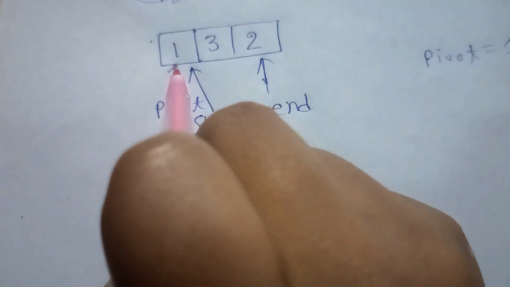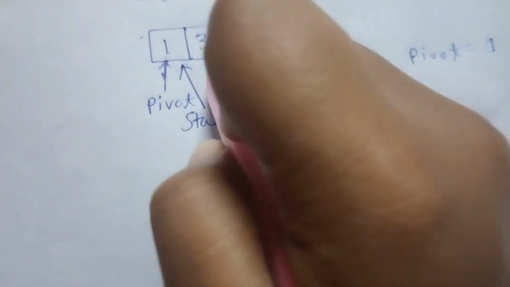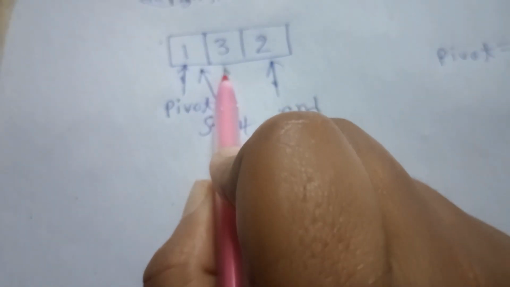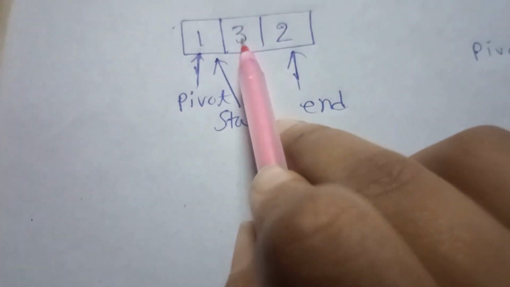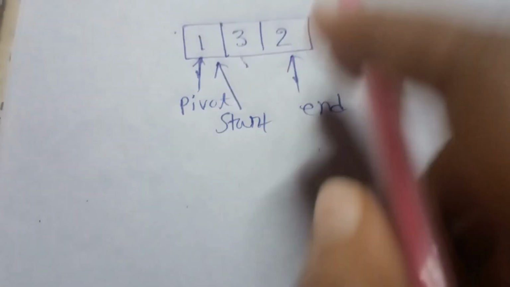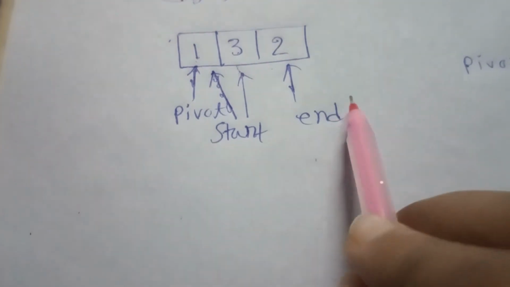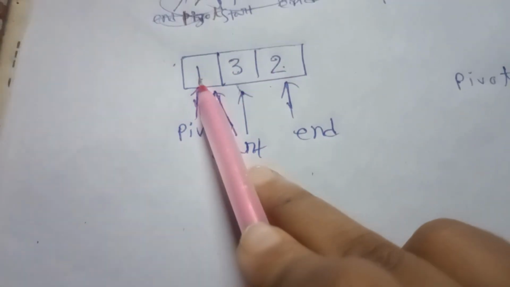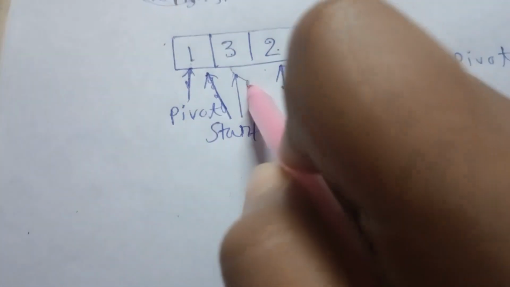1 less than or equal to 1, true, then increment start. Now start is here. 3 less than 1, false, here start will stop. 2 greater than 1, true, then decrement end.